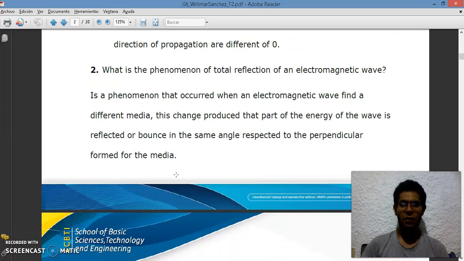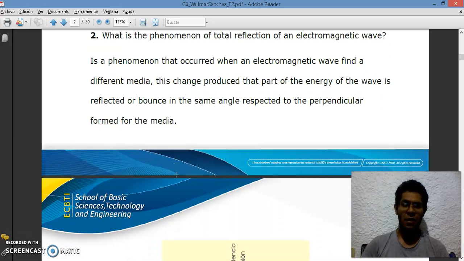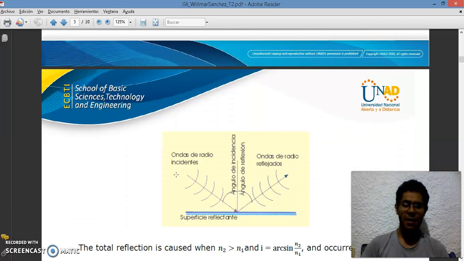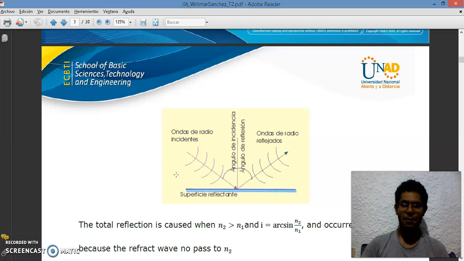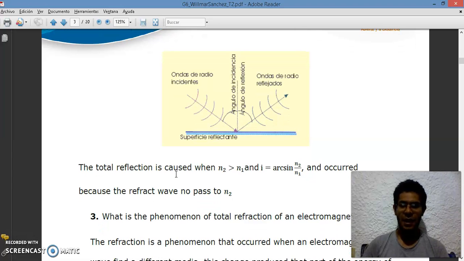Second, what is the phenomenon of total reflection of an electromagnetic wave? Okay, reflection is the phenomenon when a wave finds a new media and part of the energy of the wave is rebounded or reflected, and it is a total reflection when there is no refraction.